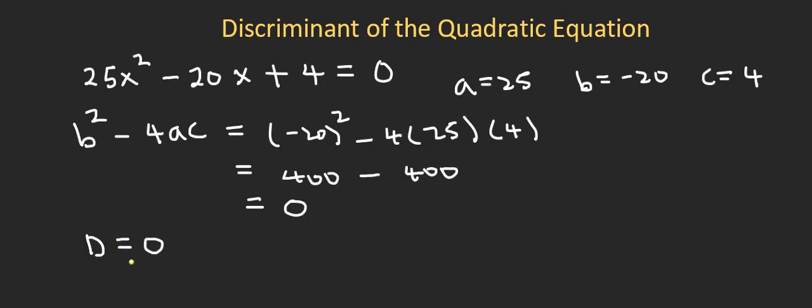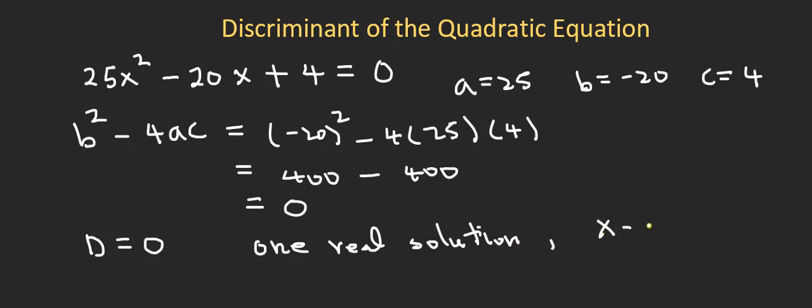When the discriminant is equal to 0, that means we are going to have one real solution. And when we have one real solution, there is going to be only one x-intercept. So that happens when the discriminant is 0.